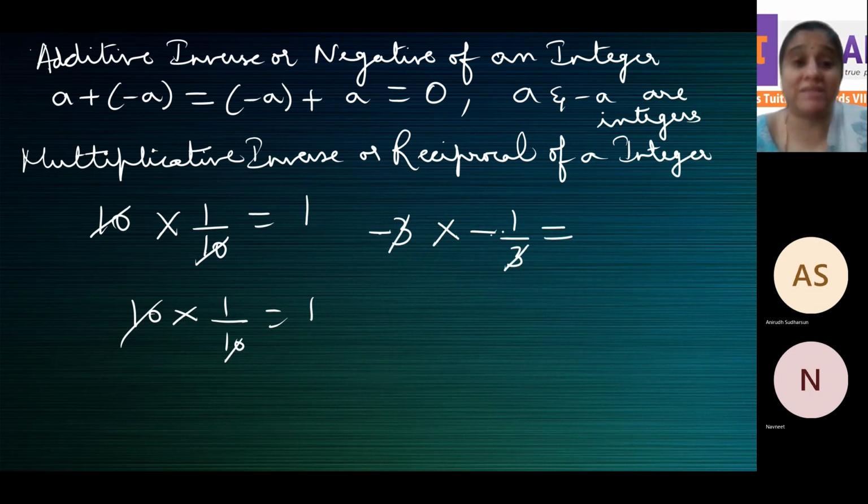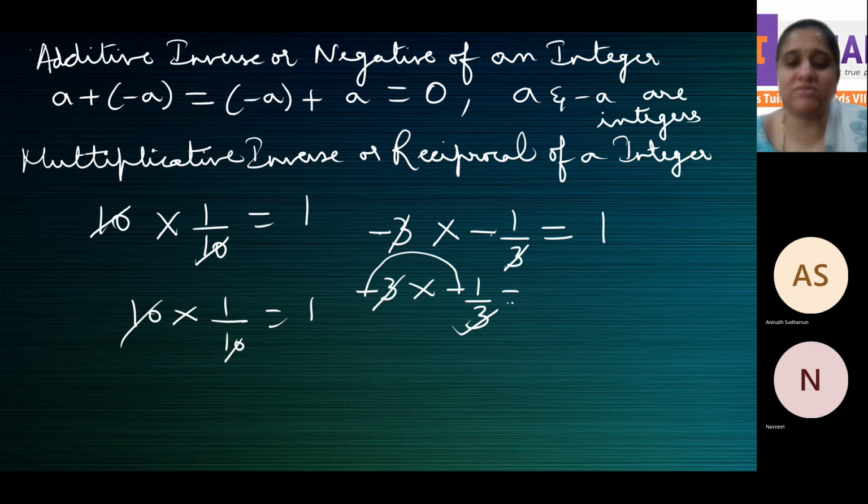Minus into minus is plus, so the product is plus 1, not minus 1. So the multiplicative inverse of minus 3 is minus 1 by 3.